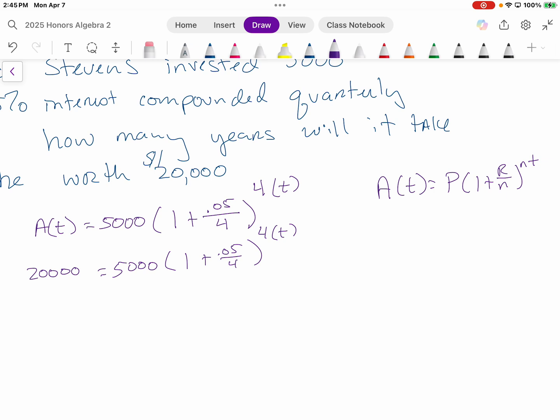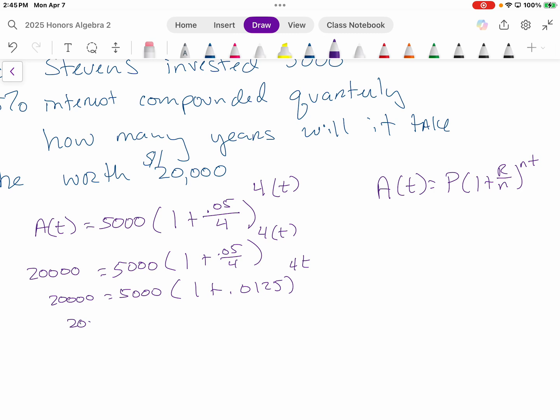Now let's simplify inside the parentheses first. What's 0.05 divided by 4? Isn't it 0.0125? Okay.